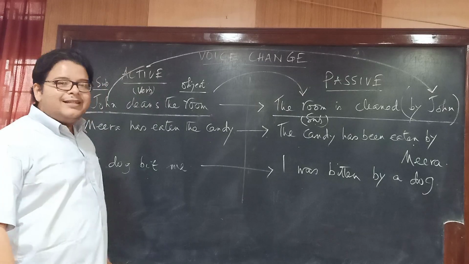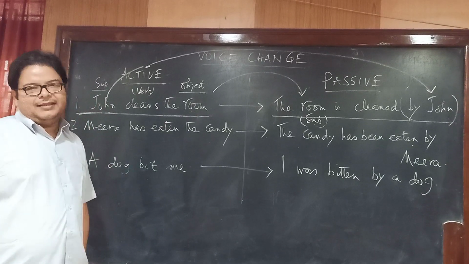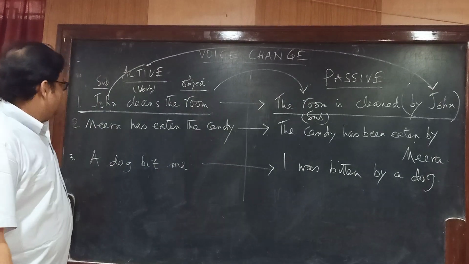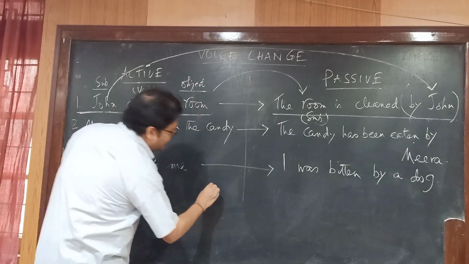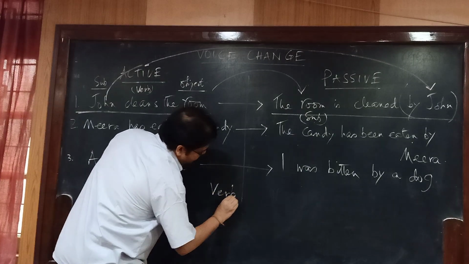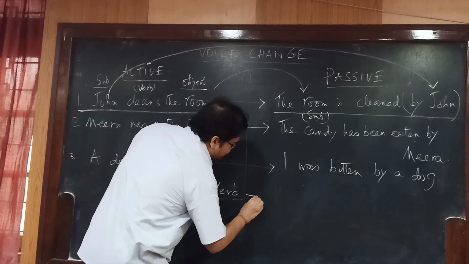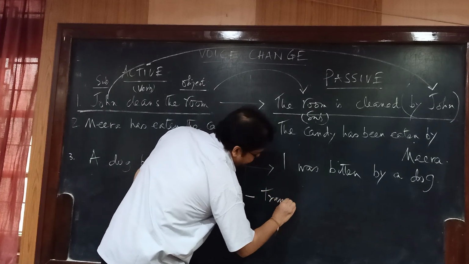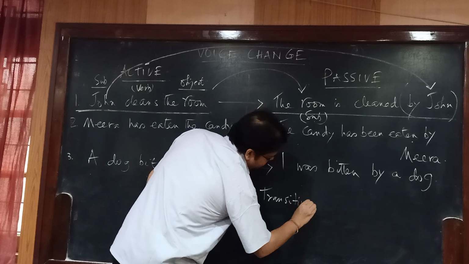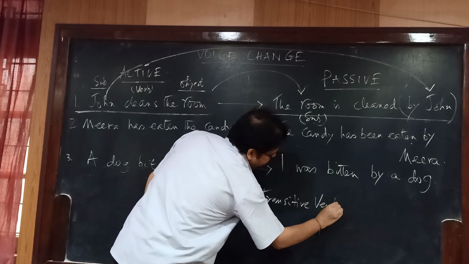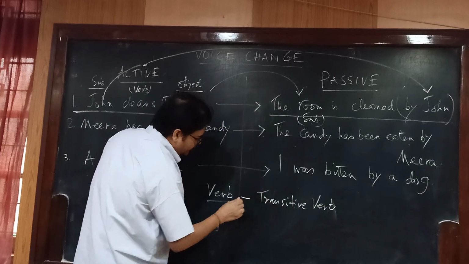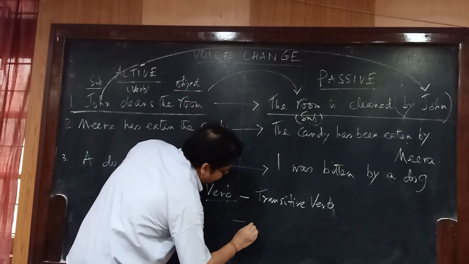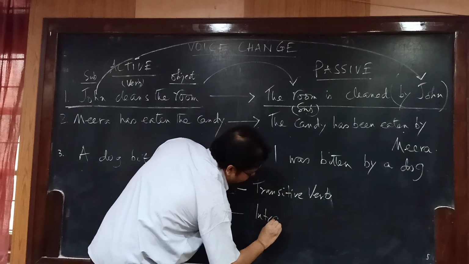Now, how to identify the object in a sentence? We shall look at that. A verb which has an object is called a transitive verb. And a verb which does not have an object is called an intransitive verb.